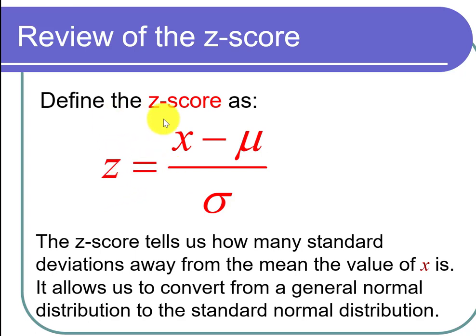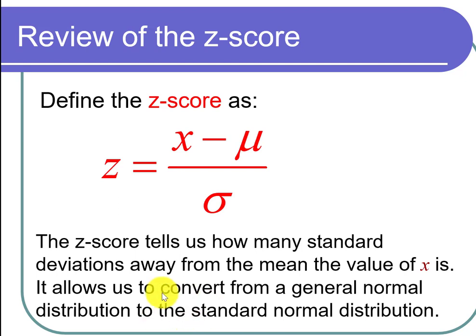Remember, the z-score is z equals x minus mu over sigma, or the value minus the mean, all divided by the standard deviation. The z-score tells us how many standard deviations away from the mean the value of x is. It also converts from a general normal distribution to a standard normal distribution. So you can always do that if you need to.